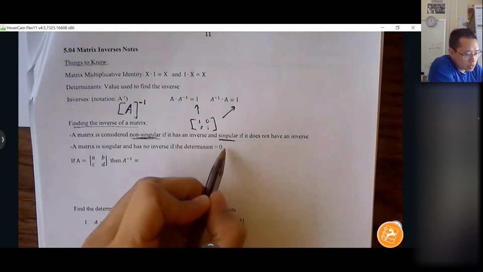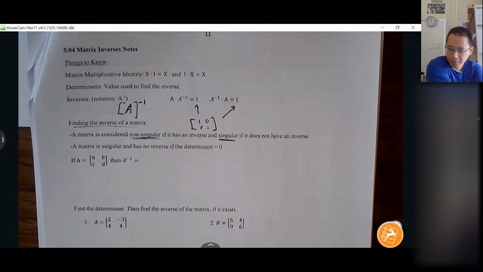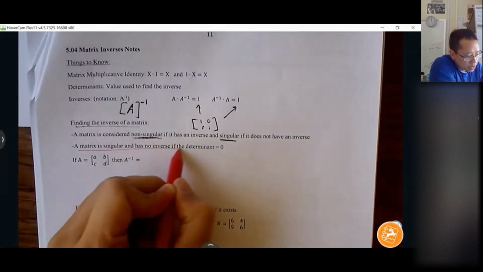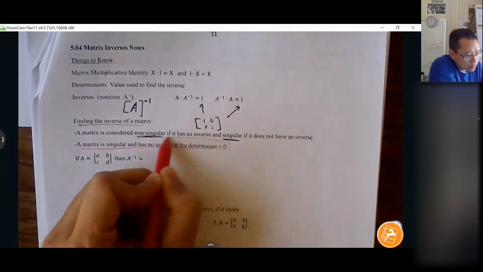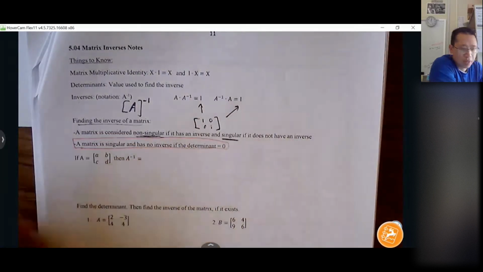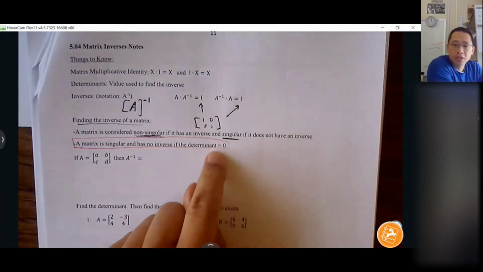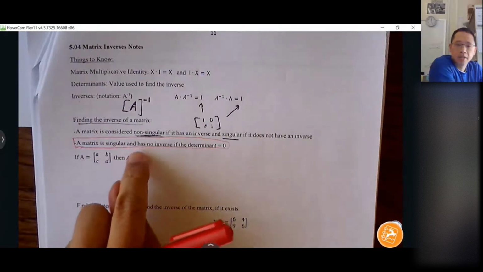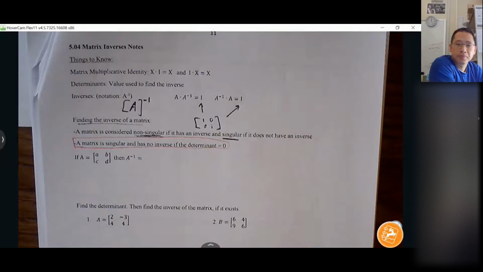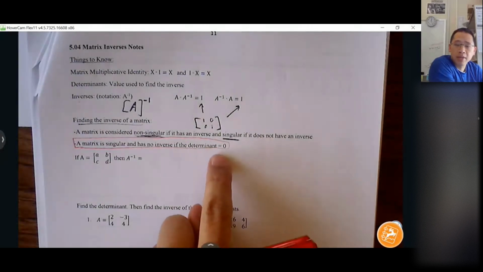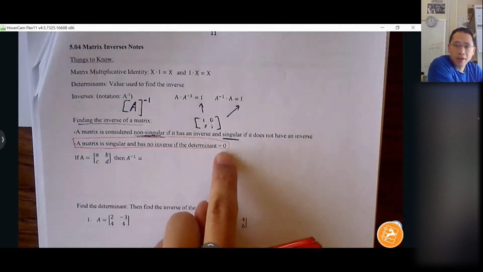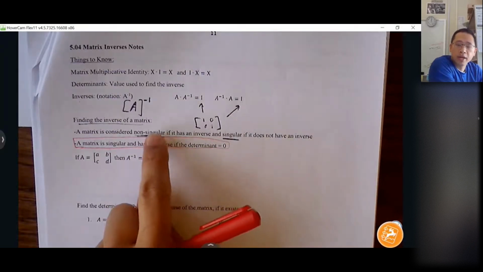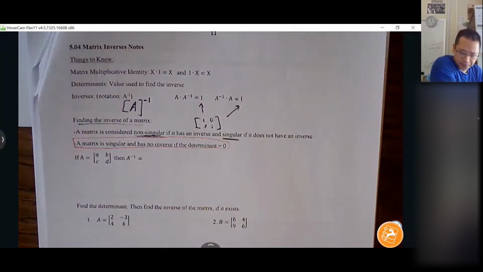If the determinant is equal to 0, that means the matrix is singular and does not have an inverse. But if the determinant is any other number, could be 3, could be 5, could be -6, could be -1/2, then it's non-singular and it does have an inverse.